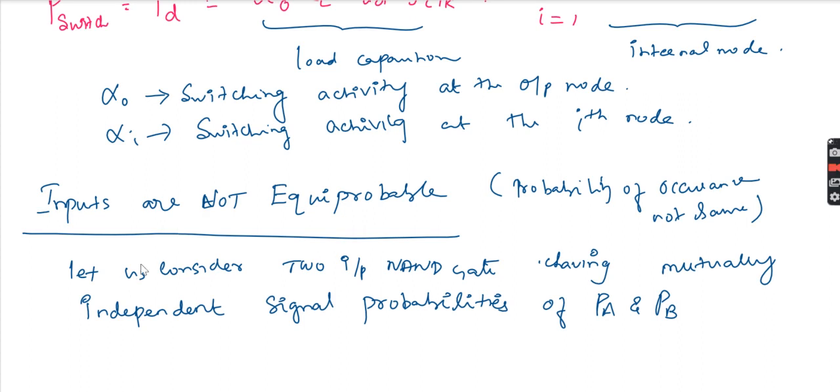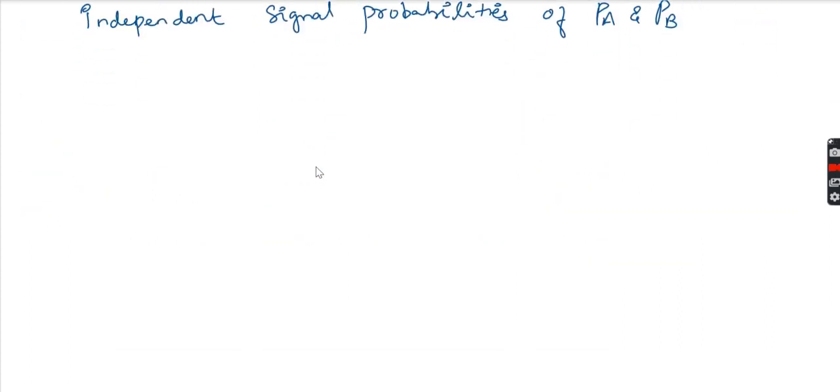I'll put the diagram here. We have considered the NAND gate. This is your PA, and this will be your PB.